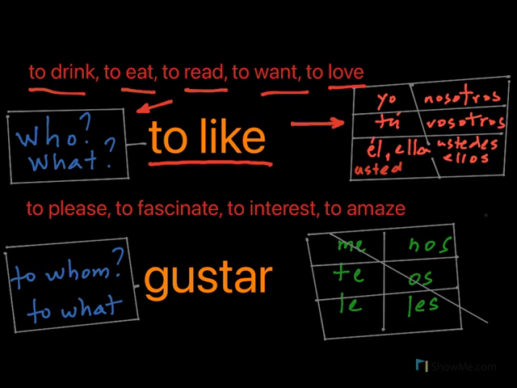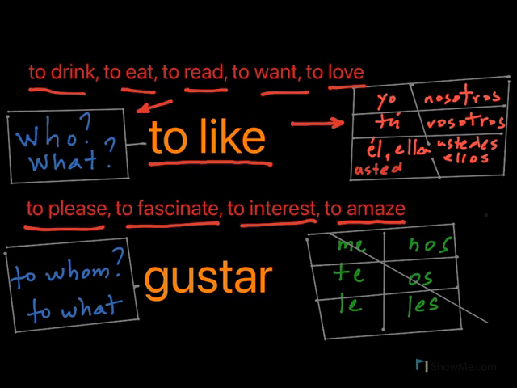There is another group of verbs in Spanish and in English. To please, to fascinate, to interest, to amaze. And in this case, you do not use the subject pronouns in English because you don't say I please apples, I fascinate to travel, I interest to read, and I amaze animals.